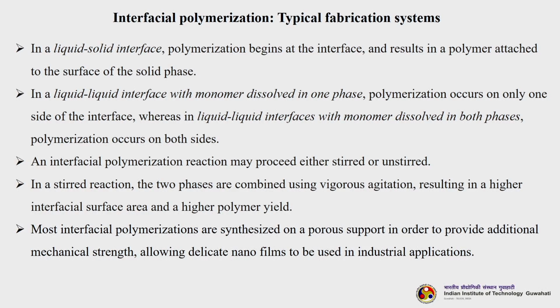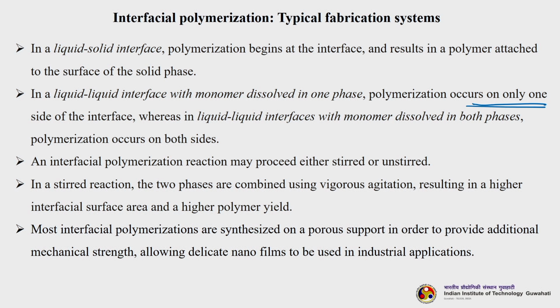That is how it happens in a liquid-solid interface, whereas in a liquid-liquid interface with monomer dissolved in one phase, polymerization occurs only on one side of the interface, whereas in liquid interfaces with monomer dissolved in both phases, polymerization occurs on both sides.